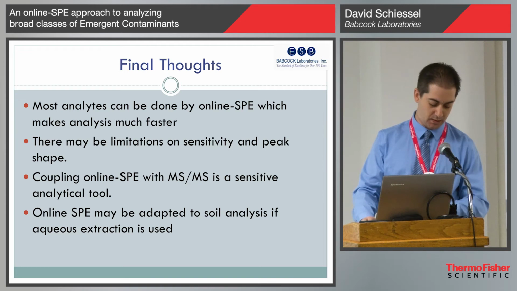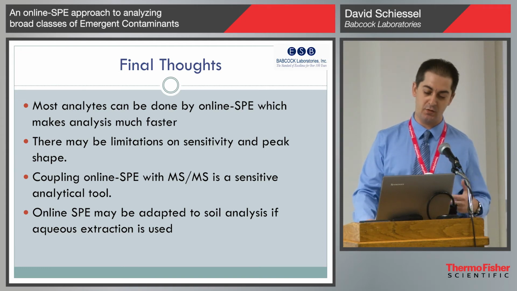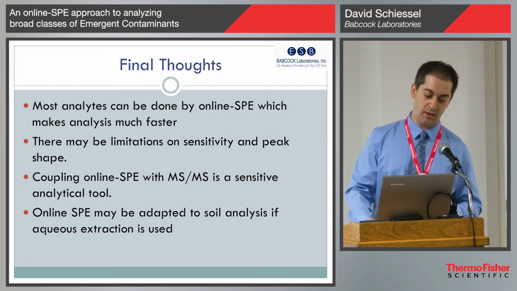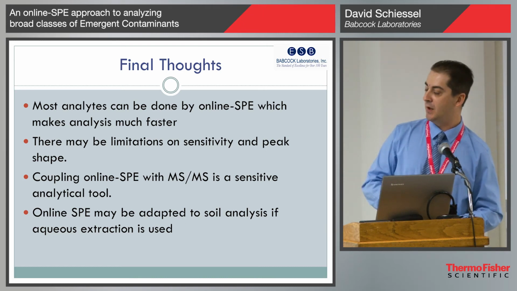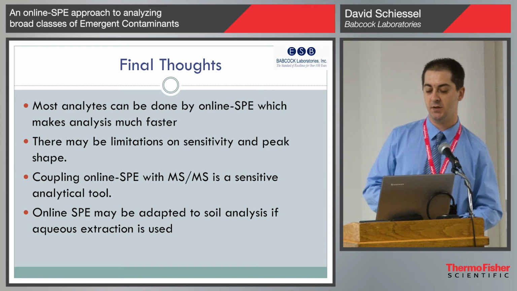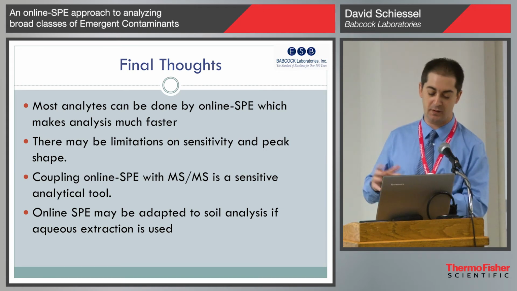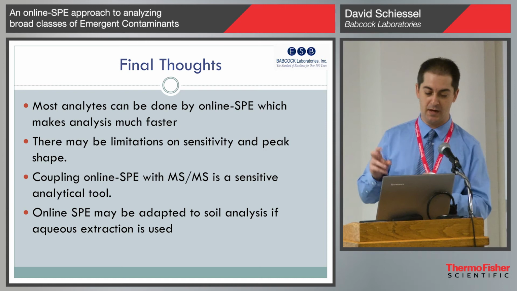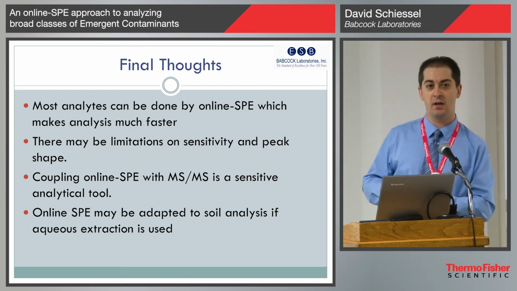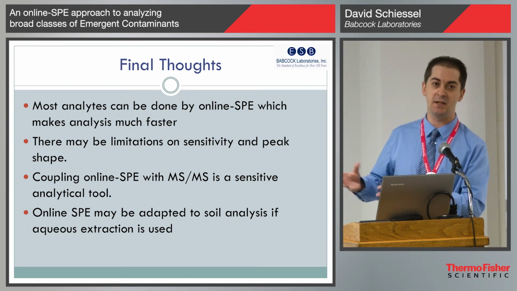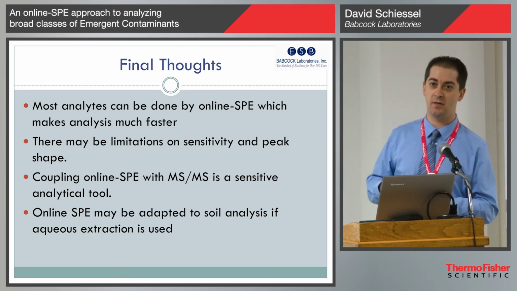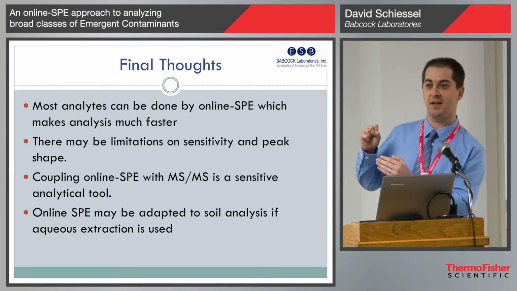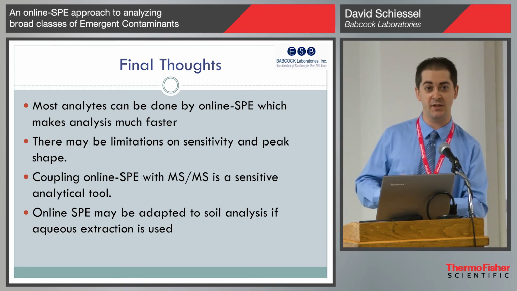One thing that we're looking at now is to adapt this to soil analysis if an aqueous extraction is used. I don't want to assert too much about this, but one approach could be to do an aqueous extraction of soil and take that aqueous extract, even if it's methanol, in the case of PFCs, because our sorbent is weak anion exchange, it offers the advantage of, at least the claim is, 100% organic wash conditions.